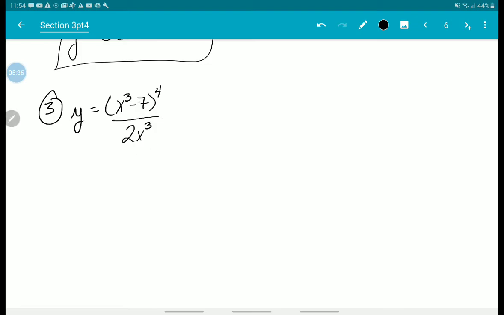So we have a quotient rule here, but when I take the derivative of the top, notice I'm going to have a chain rule when I take that derivative.